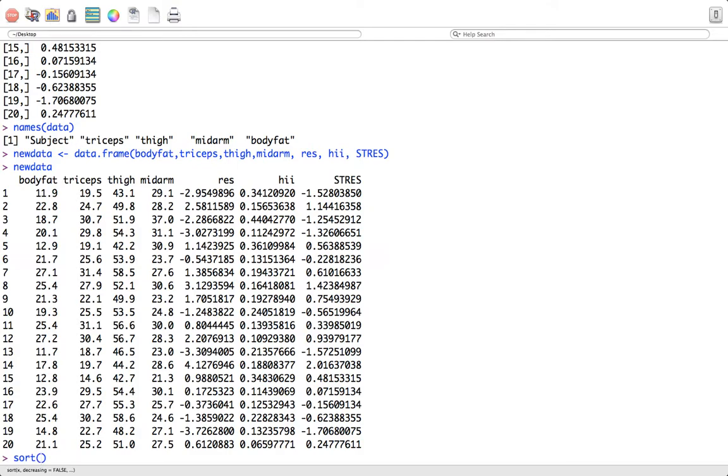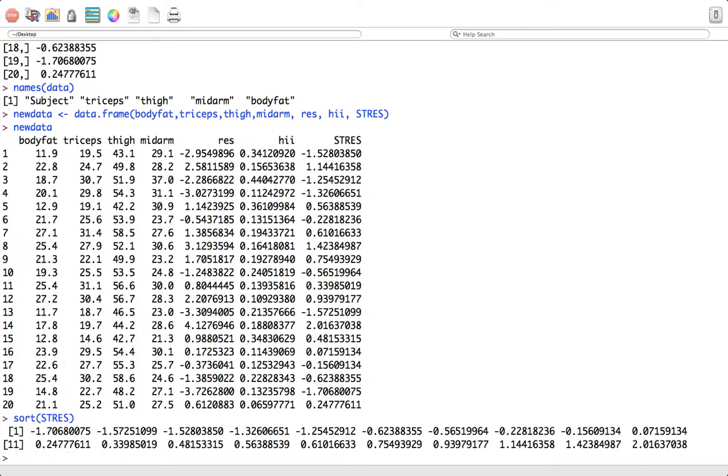What you can do is sort your standardized residuals and look at the extremes. So we have one at negative 1.71, and then the highest is at 2.01. So guys, our focus, I'm going to write this down. So that 2.01 is going to be on the 14th person.